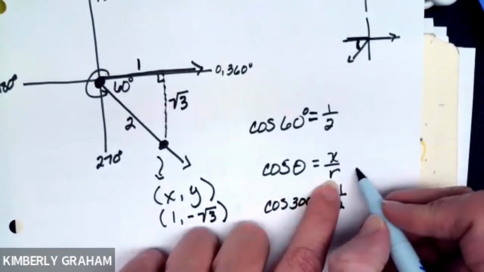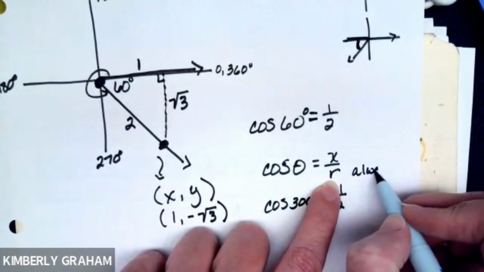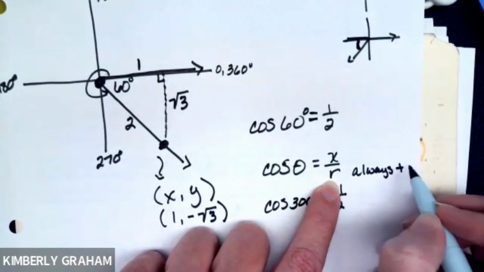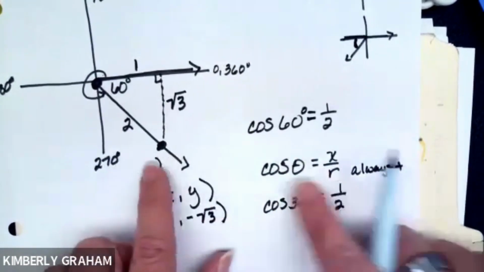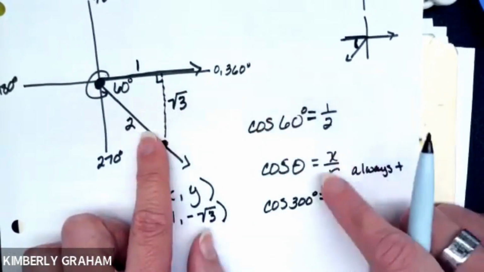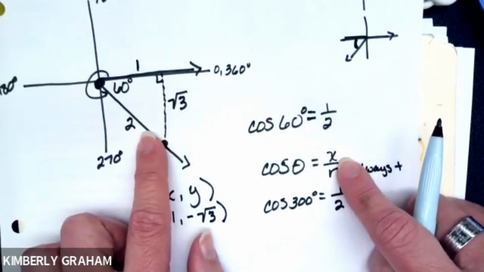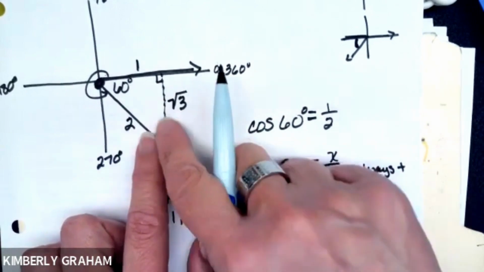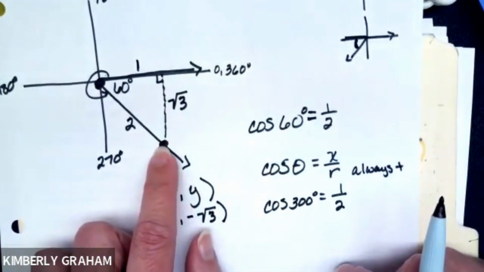R is always positive. And when I'm down here in quadrant 4, my x value is positive. Does that make sense? If I'm in quadrant 4, this x coordinate is positive.